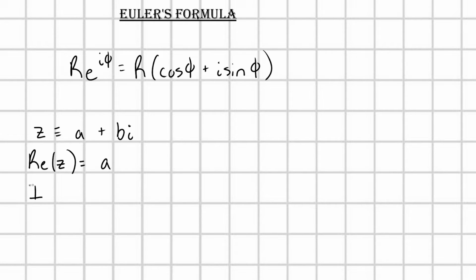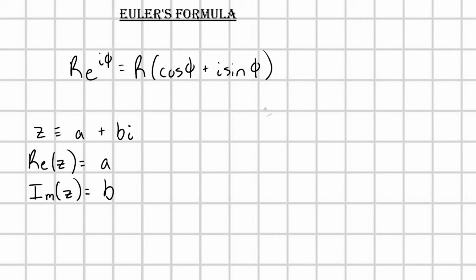The imaginary part of z is equal to b. Notice how I'm not saying bi. The imaginary part of z is the component in the imaginary direction. What do I mean by this?